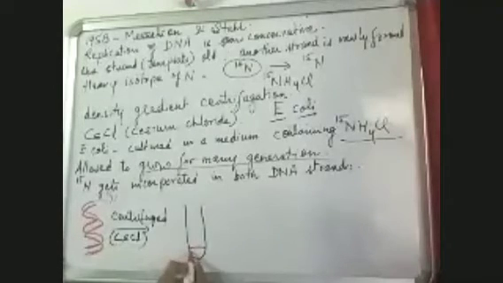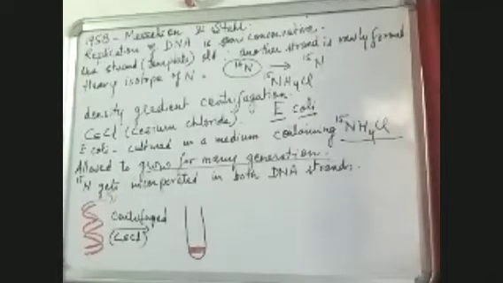The DNA strand got settled down here at a lower level, because this settlement is on the basis of density gradient. So N15 is a more dense isotope of nitrogen. So it got settled here.